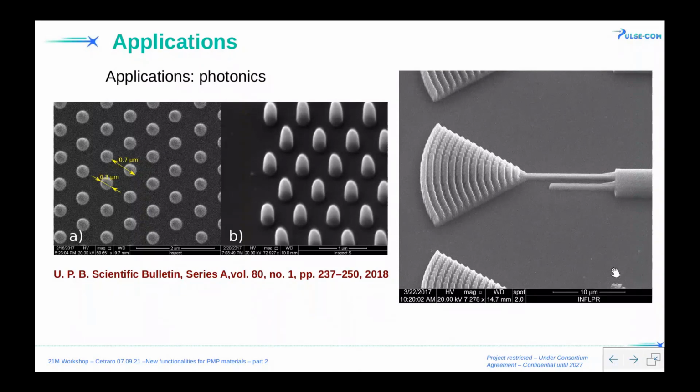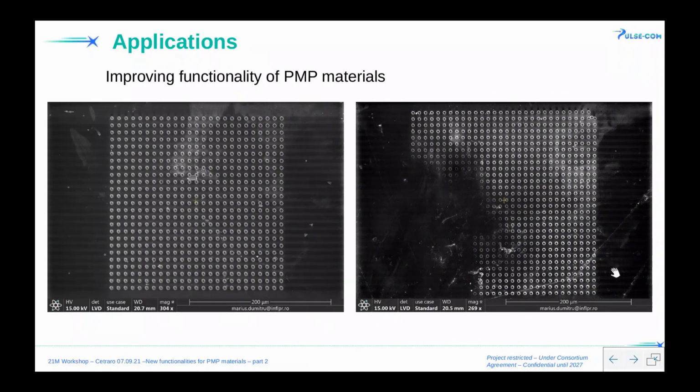If you were present at yesterday's presentation, I talked a bit about the microstructuring that we can do on top of the PMP materials. But I didn't get a chance to pinpoint the direction we're going in. These are only the beginning tests to find out the parameters we need for all the processing on the surface of the PMP material.